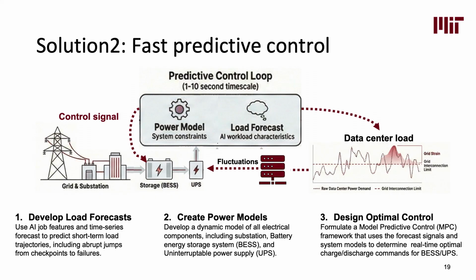Right now, people don't understand the load well enough, so we need a better load model. Also, with this new paradigm, we need to co-control both the computing side as well as the electrical side, so we need better power models. And lastly, this new control design is also quite important.